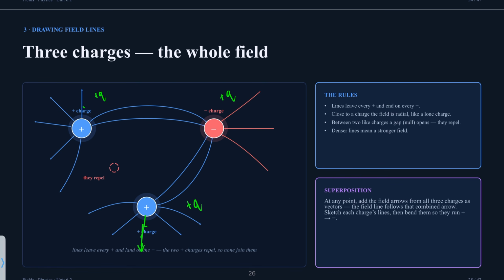So then, what can we do? Well, looking at this, before anything, we know that a proton makes lines outward, right? And we know that not all of those lines are going to hit the electron. Some of them are going to create their own field, right? So the field is the direction a charge would go, okay?